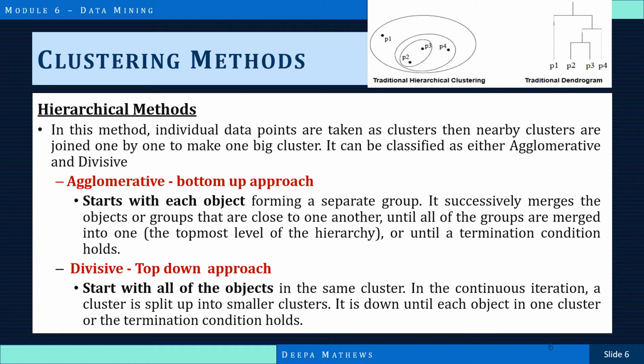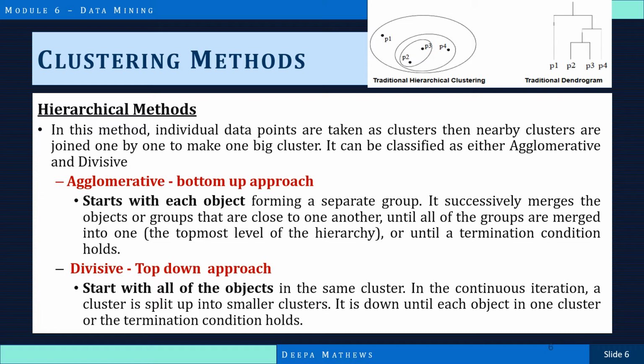If A and B are close to each other, cluster 1 and cluster 2 will be merged first, so we get a new cluster with A and B merged together. Then the newly formed cluster is merged with the next nearest object. This process continues until all the clusters are merged into one, or a termination condition is reached. That is the case of agglomerative.